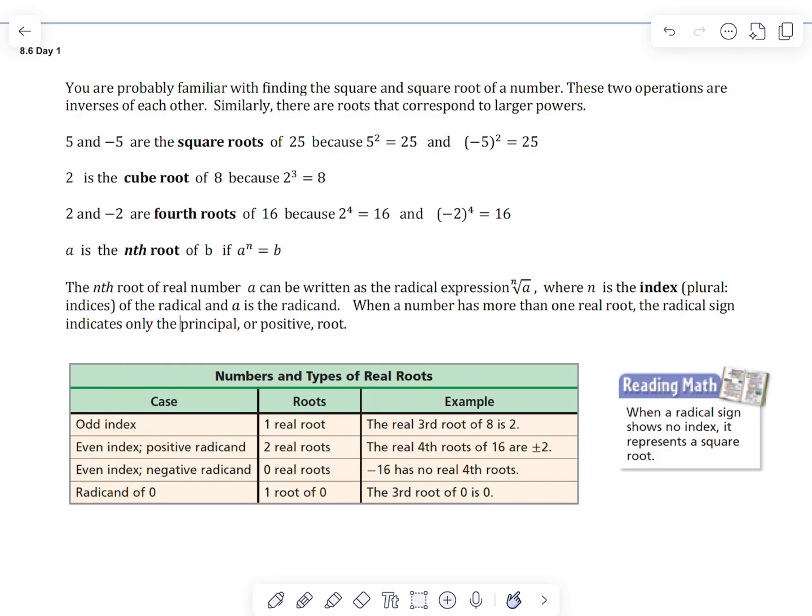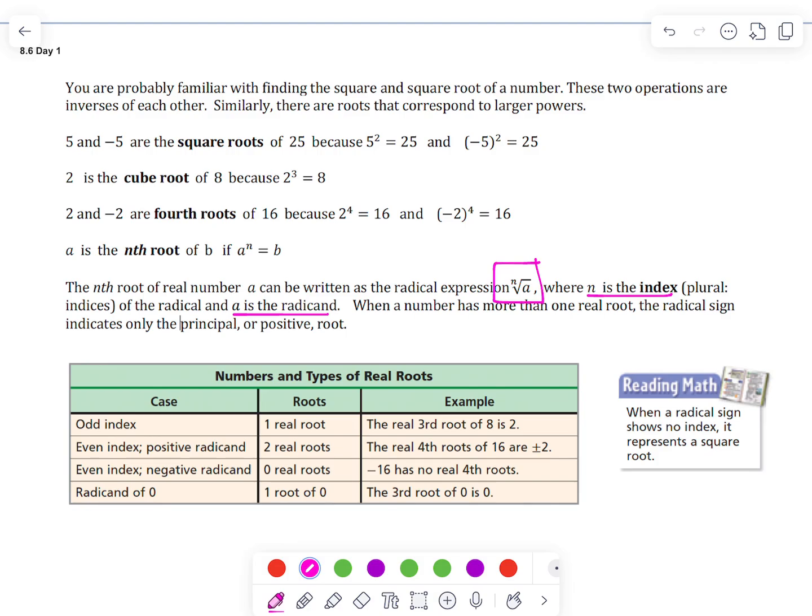So we say then A is the nth root of B. The nth root of a real number can be written in radical form, where n is the index and A is the radicand. When a number has more than one real root, the radical sign indicates the principal or positive root.